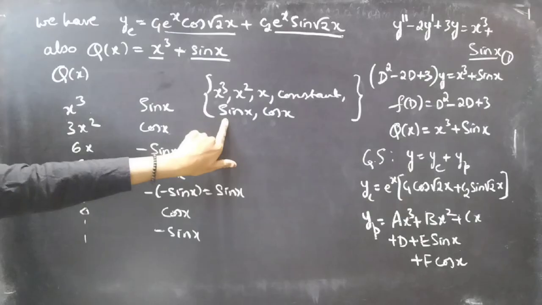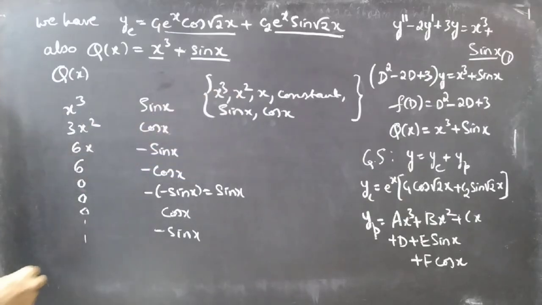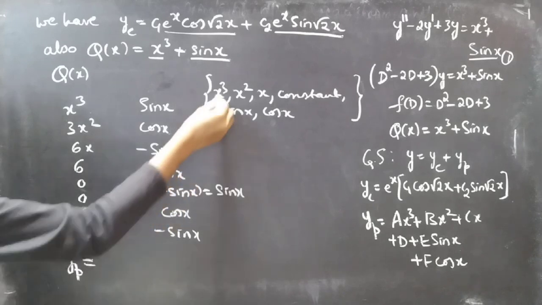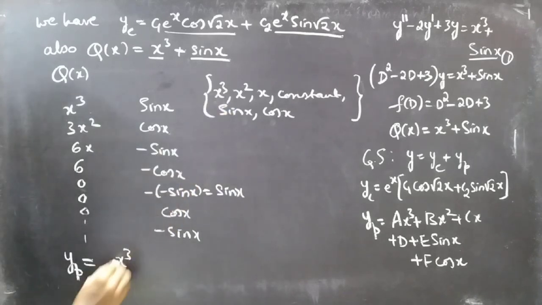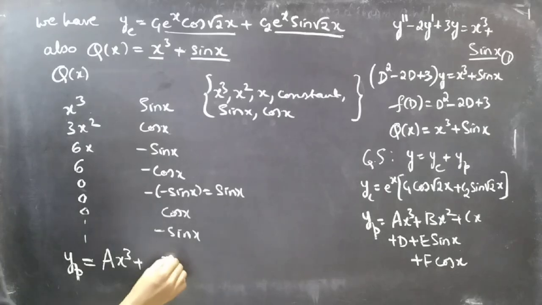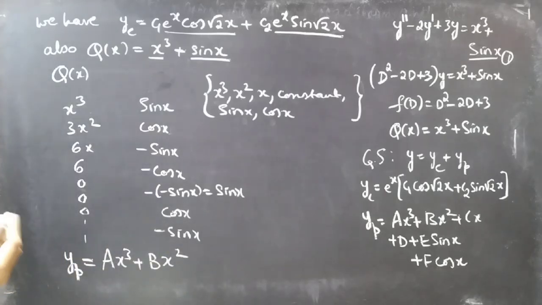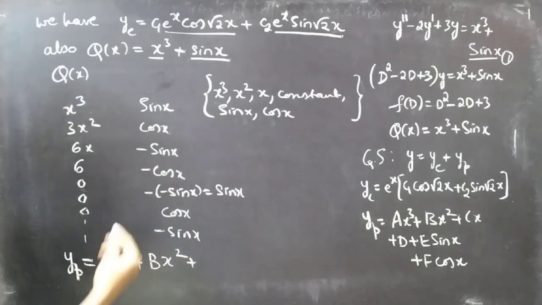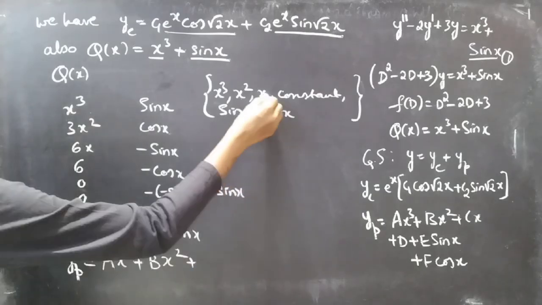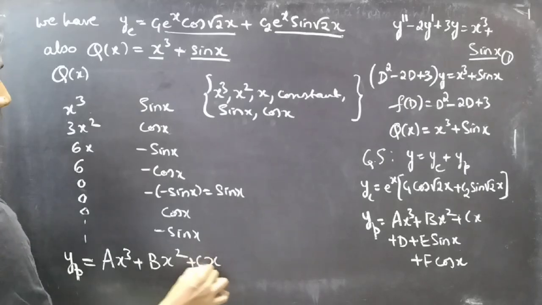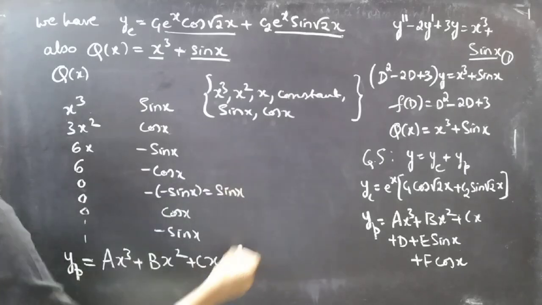Now with the help of this set, we'll write yp. Yp equal to, I'll pick x cube with some coefficient, say a, plus x square with some coefficient, say b. You can take c1, c2, c3 or a0, a1, a2, anything instead of a, b, c, d. Plus x with some coefficient, say c, plus, here you're having constant, right?